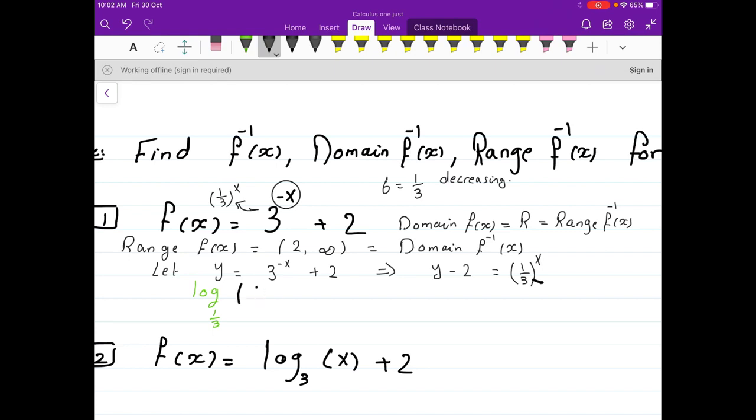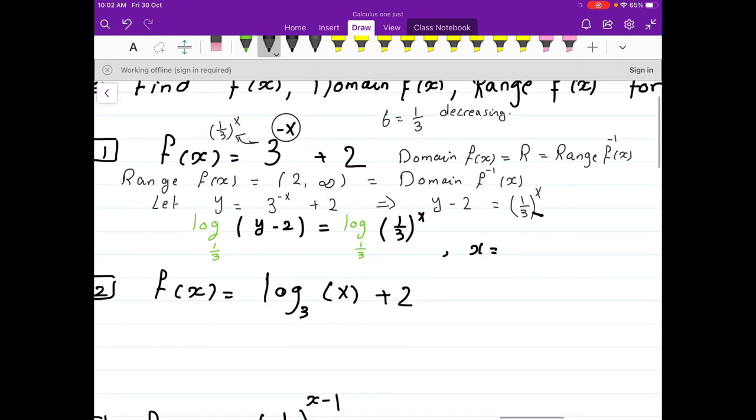Log of y minus 2 equals, we took the log of both sides, so this is equivalent to x equals log.